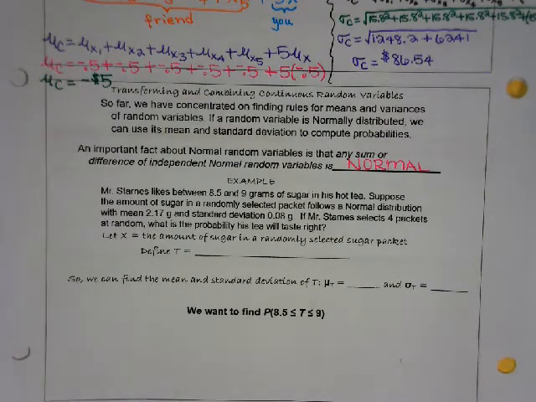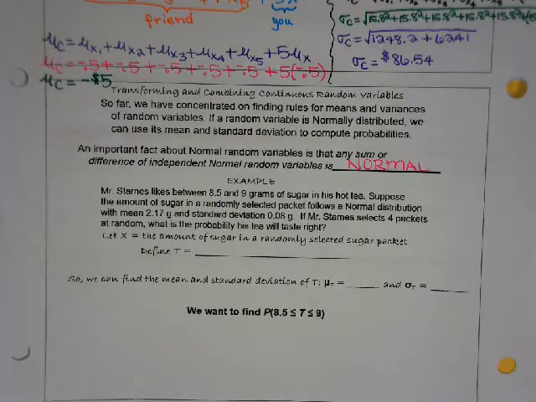So our example here is that Mr. Starnes likes between 8.5 and 9 grams of sugar in his hot tea. Suppose the amount of sugar in a randomly selected packet follows a normal distribution with a mean of 2.17 grams and a standard deviation of 0.08 grams. If Mr. Starnes selects 4 packets at random, what is the probability his tea will taste right?